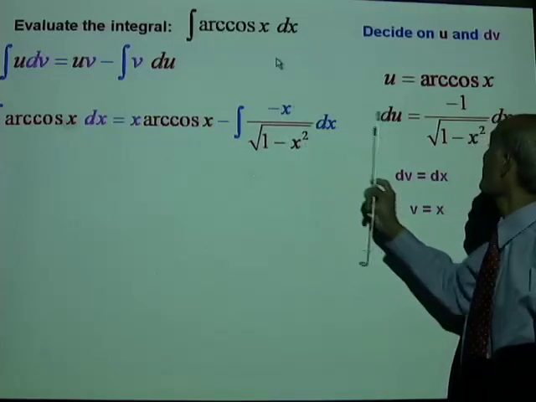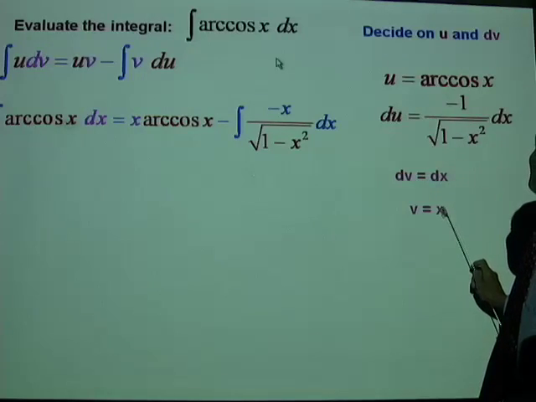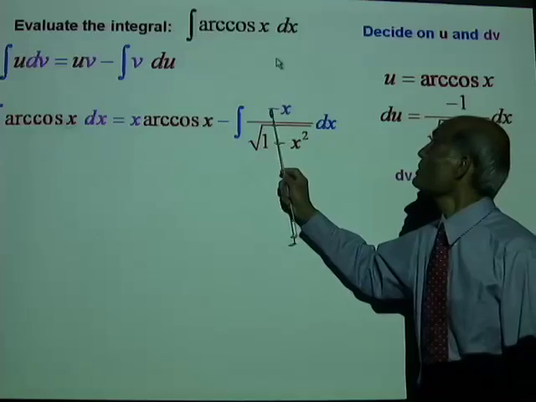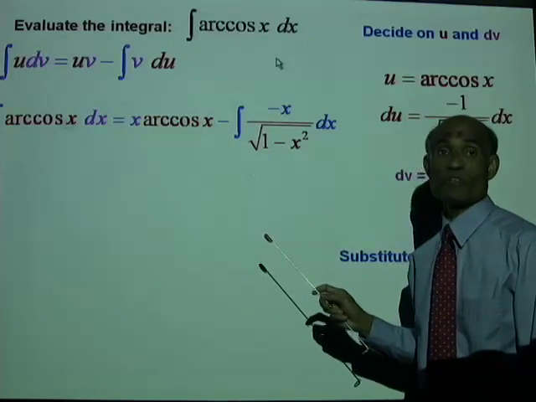That's how the negative came. So the product of v and du is this. Now these two negatives become positive, is that right?